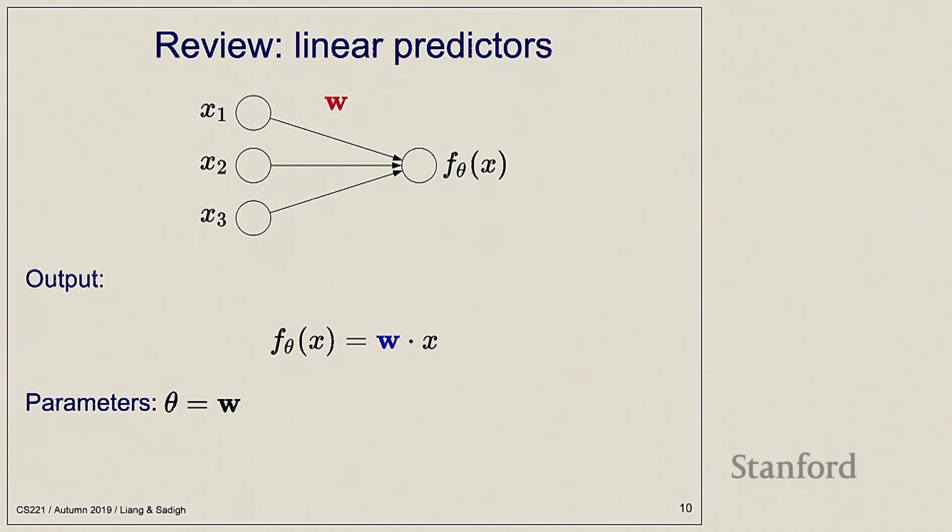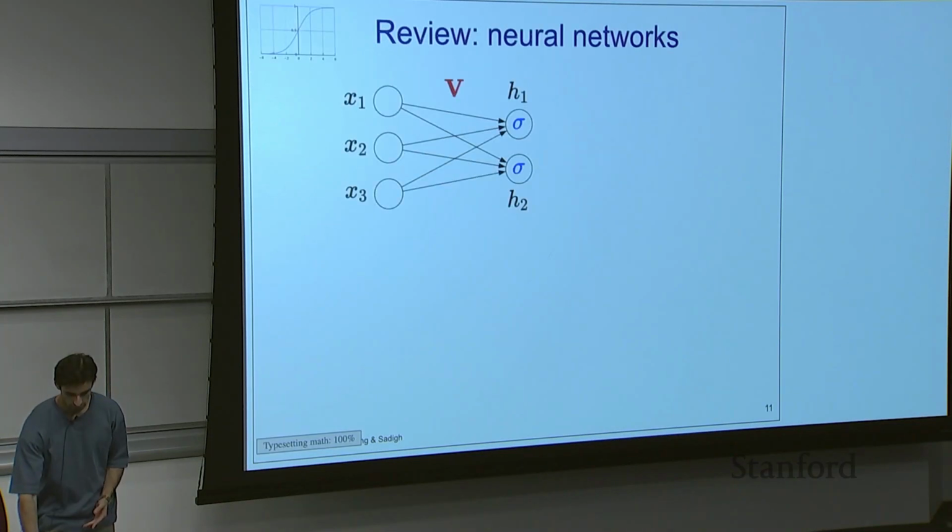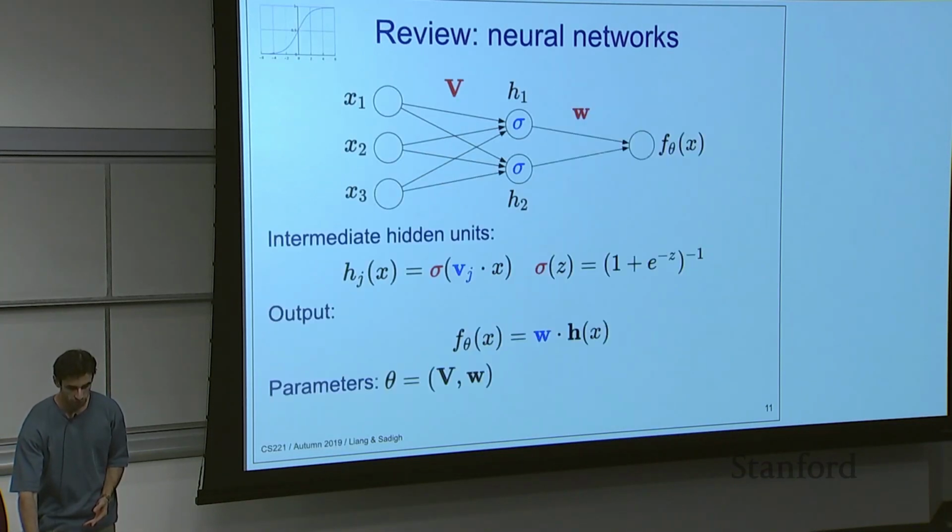In the very beginning of this class, we talked about linear predictors. A linear predictor, if you remember, is basically you define a vector w, your weights, and then you hit it with some input, and you dot them together, and that gives you your output. Neural networks, we define very similarly. You can think of each of these hidden units as the result of a linear predictor in a way.